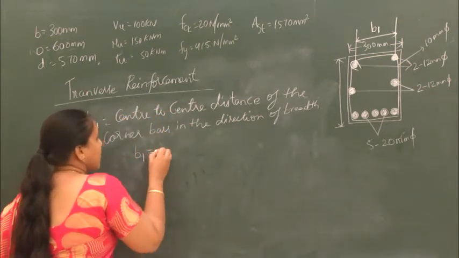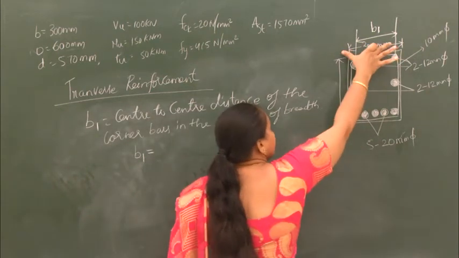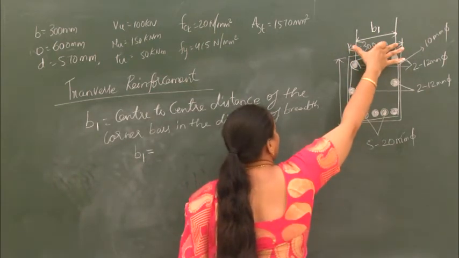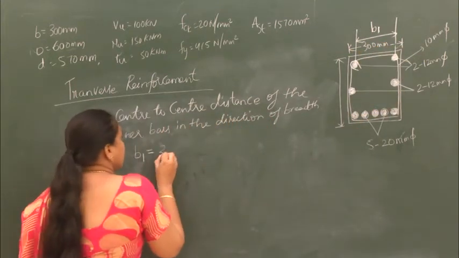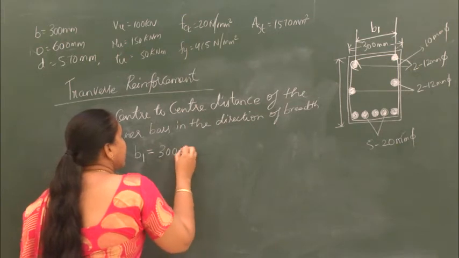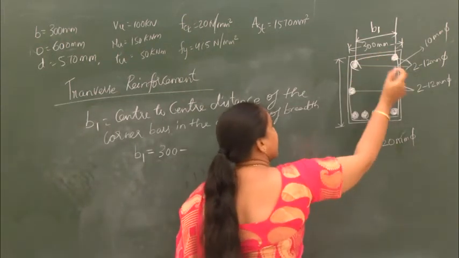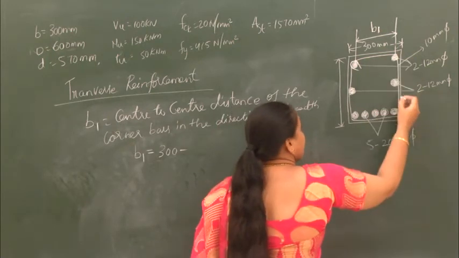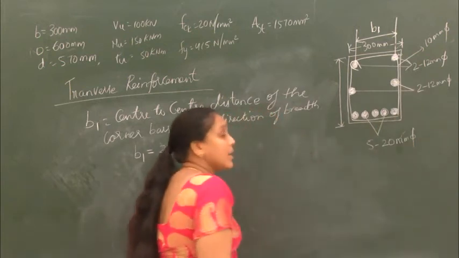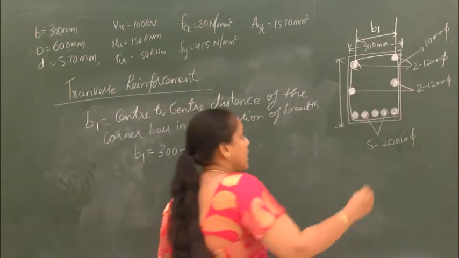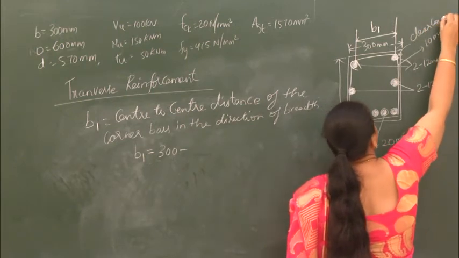So first let us calculate the B1. B1 will be equal to the total width, or the total breadth of the beam, which is 300, minus this distance, which is called the clear cover.